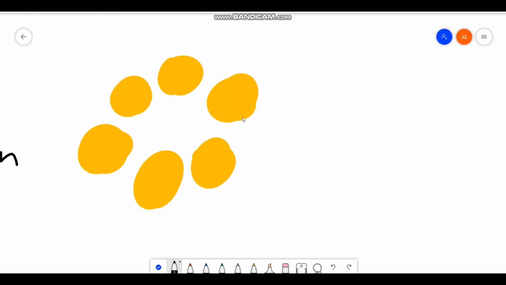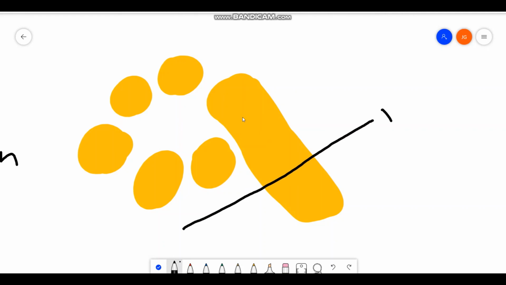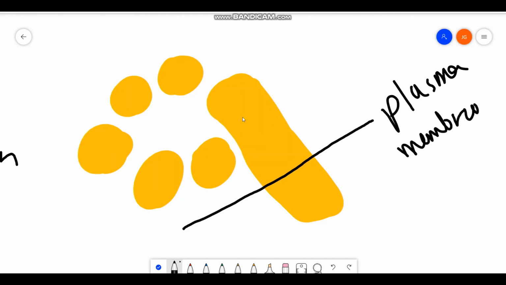And actually, if we were to, I don't know why I erased that part. If we take a closer look, if we imagine this as one connexin, it's like a tube, and let's say that this is the plasma membrane. Believe it or not, this is not just going to be some tube.